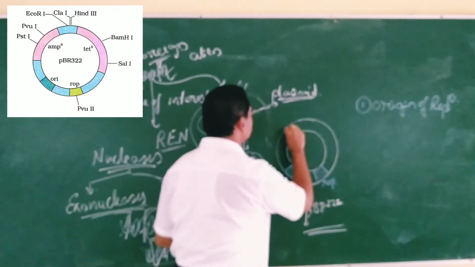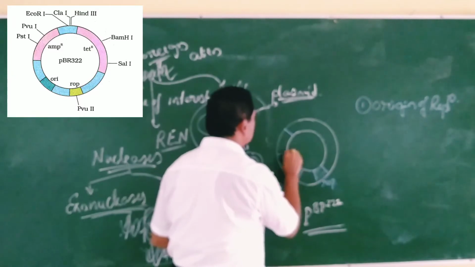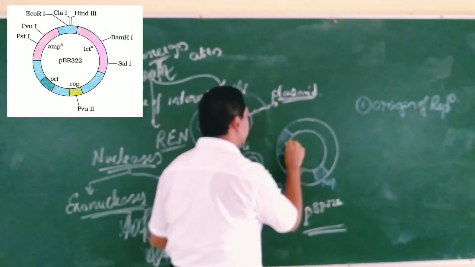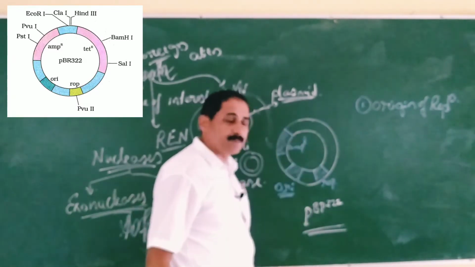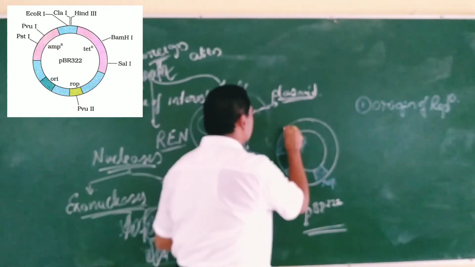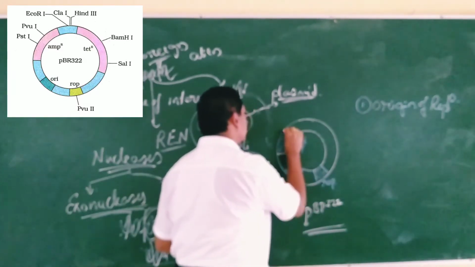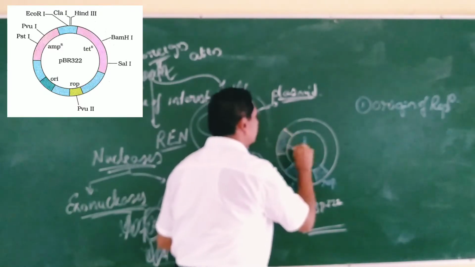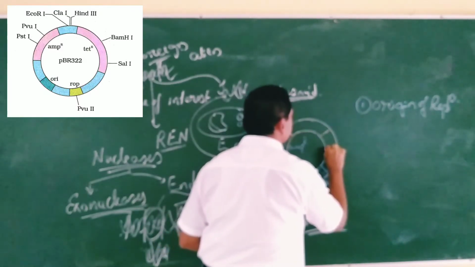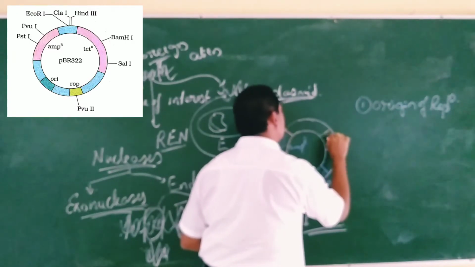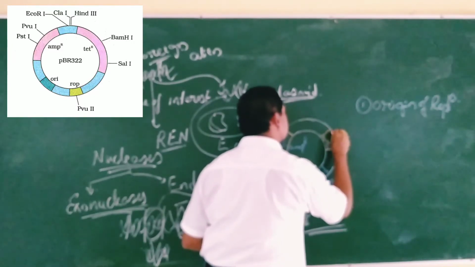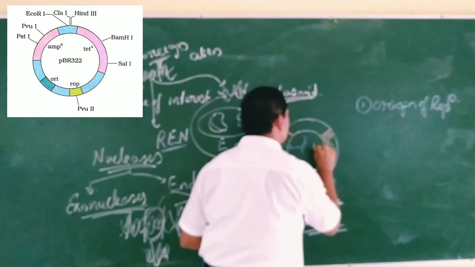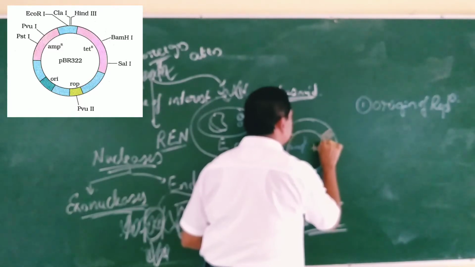We can also see a small portion that contains a resistance gene called AMPR, the ampicillin resistance gene. We can see another important portion, the tetracycline resistance gene. A small fragment has the nucleotide sequence that codes for the tetracycline gene, which we can mention here as TETR.